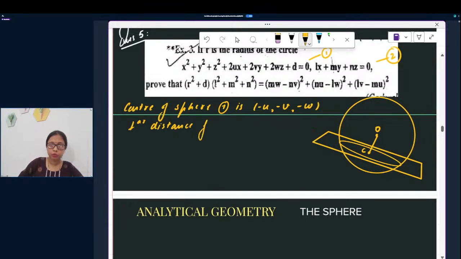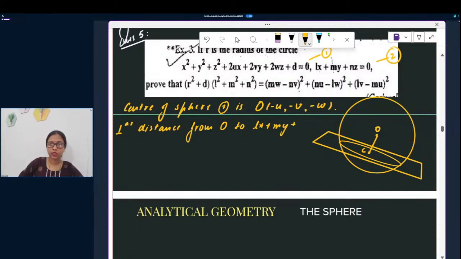Perpendicular distance from O to the plane Lx plus My plus Nz equals 0 is what?